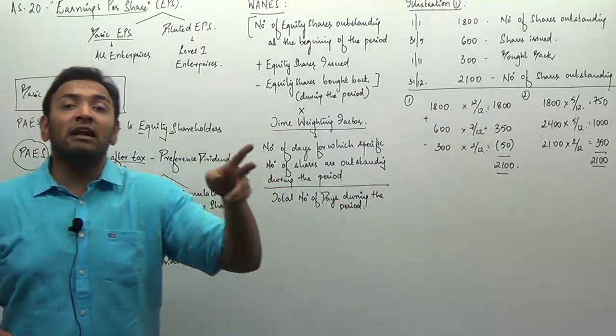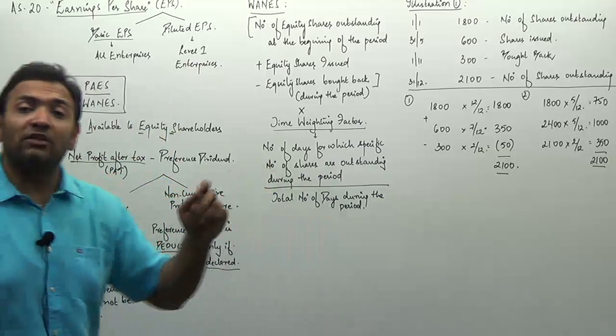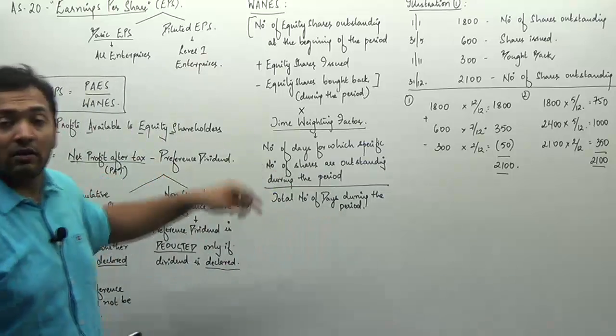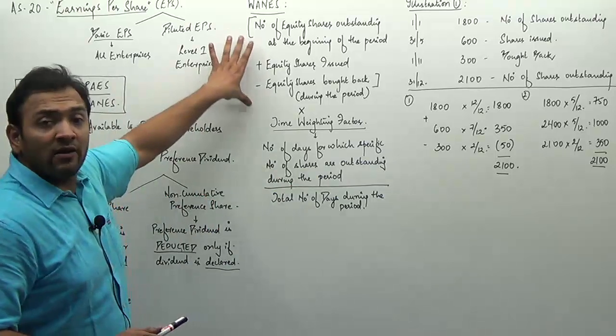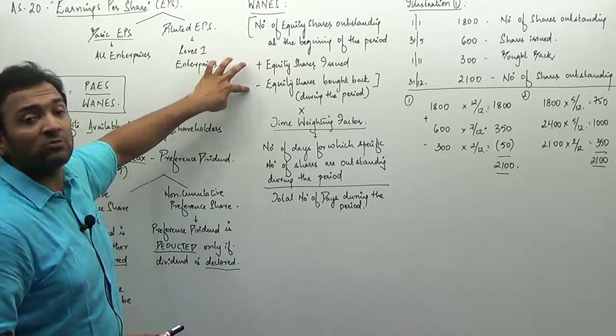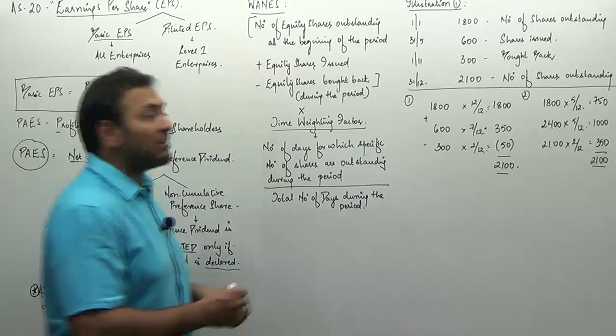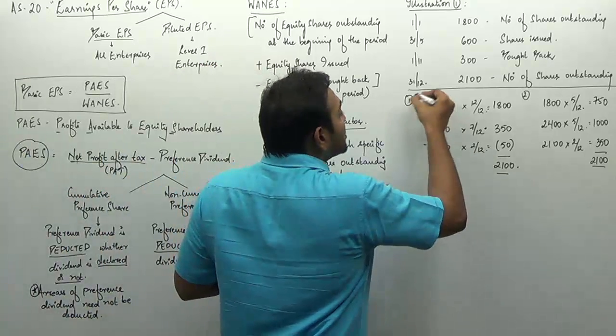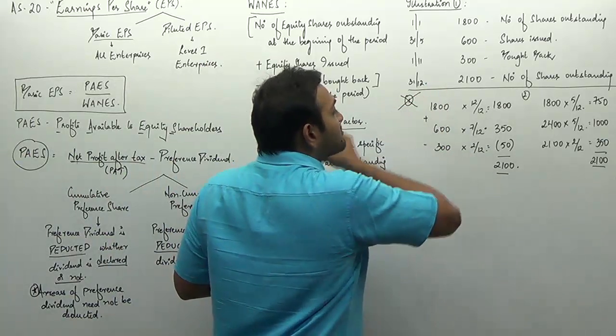I am applying time weighting factor for every issue, every buyback and the opening, which is not said. In the standard he clearly said, first adjust the number of shares with respect to the number of equity shares issued and bought back, then multiply with the time weighting factor. So the method of computation in this first method is absolutely wrong.